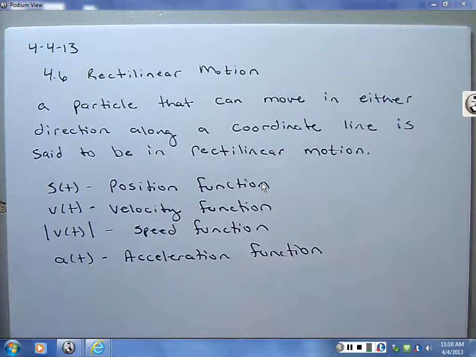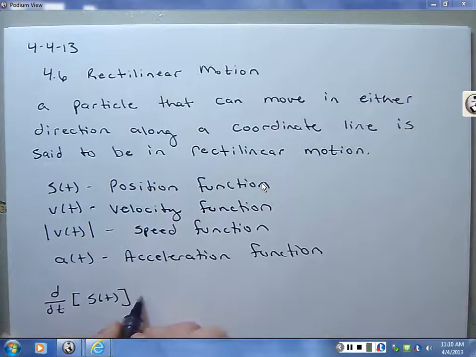So all these functions are related to each other. Turns out if I differentiate position with respect to time, I get velocity. The derivative of position over time is velocity. The change in position over time is velocity. You remember when we talked a little bit about instantaneous rate of change and the slope of the tangent line and the slope of the secant line?